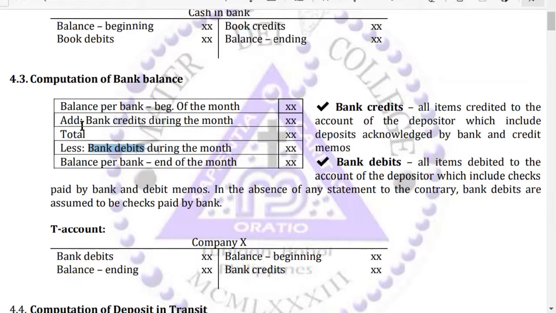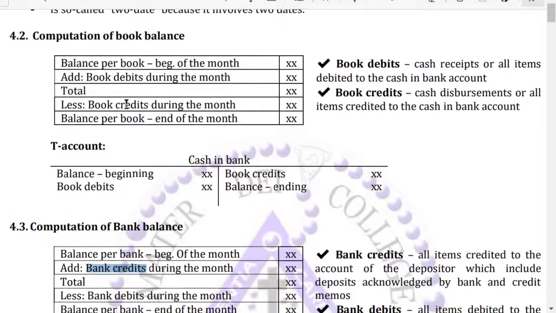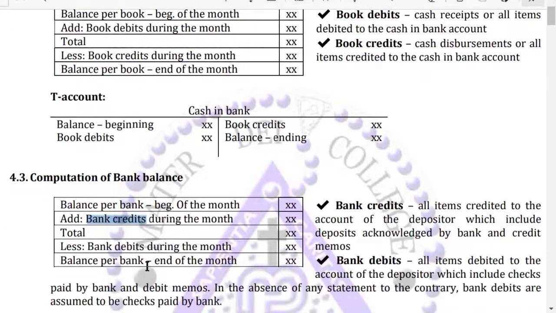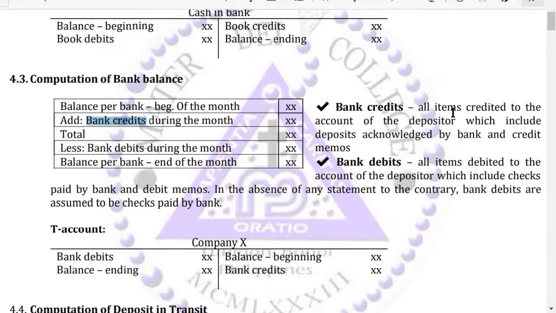Okay? So, what are bank credits? Why is it added, ma'am? If you look at the book balance, ang gi-add sa iyaha is book debits. But if sa bank credits ang i-add. So, what is the reason why it's added or the bank credits are added? Because bank credits are items credited to the account of the depositor.